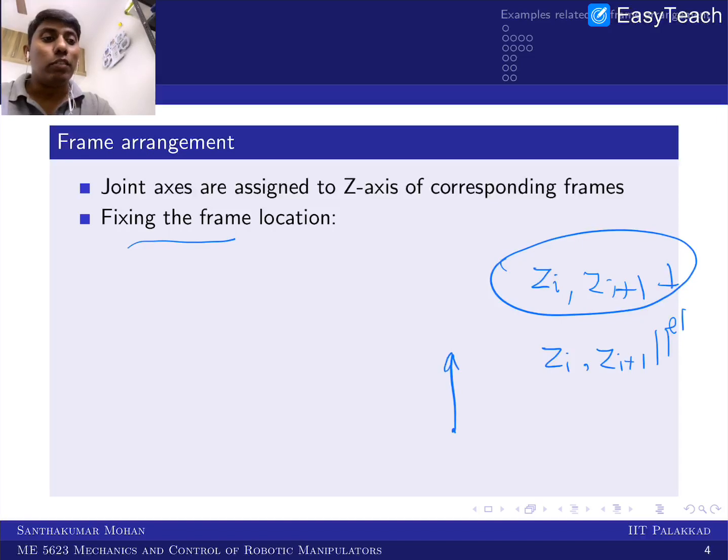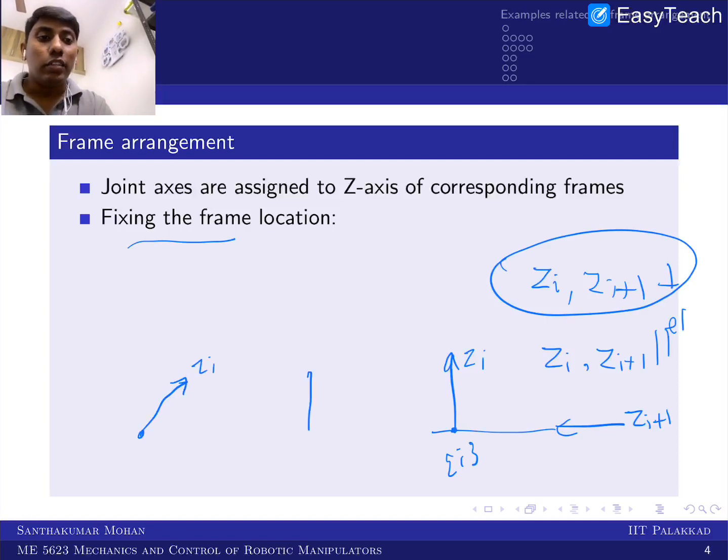For example, this is zi and this is zi plus 1. Where they intersect, this is frame i. For the other case, this is zi and this is zi plus 1, and you can see the intersection happens nowhere. But if you transfer this parallelity here, you can see this is the intersecting point. That is the ith frame.